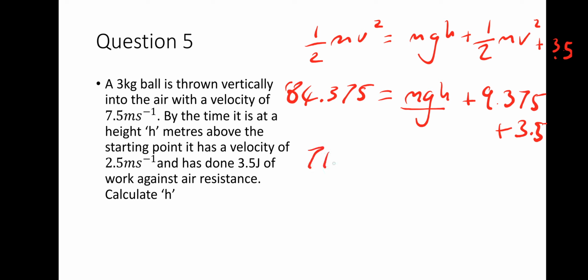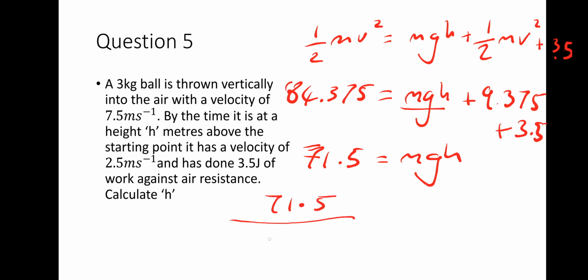So I can write 71.5 is equal to mgh. We know m is 3 kilograms and we know g is obviously 9.81. So we can do 71.5 divided by mg, so 3 times 9.81. And that gives us 2.43 meters.